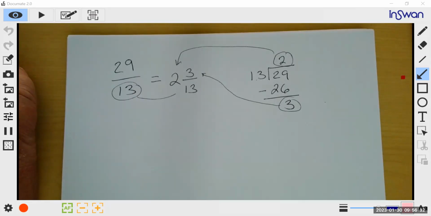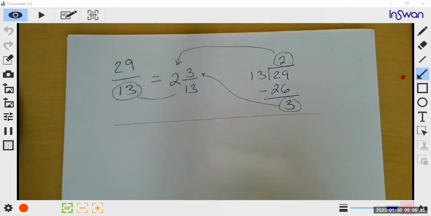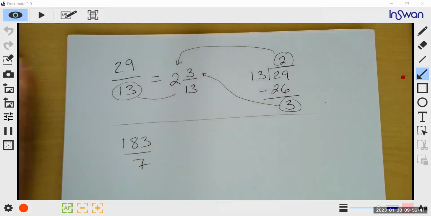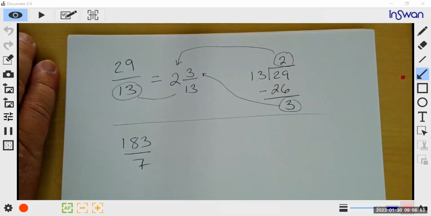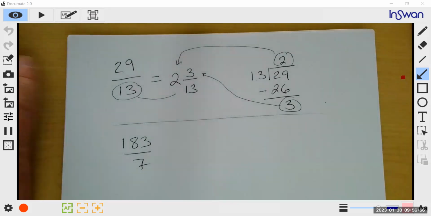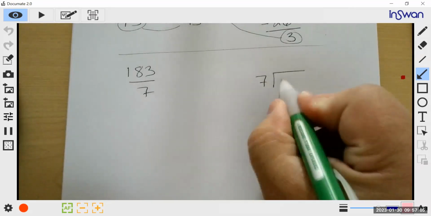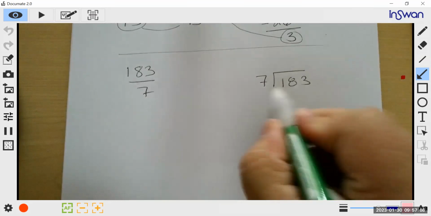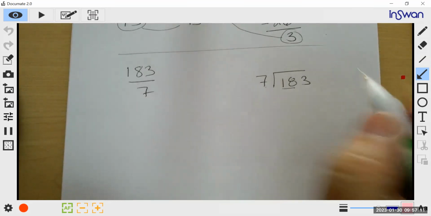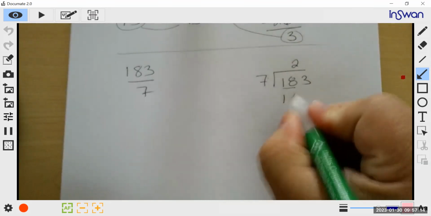Question number 53. 183 divided by 7. So 7 goes into 18 how many times? 2 times 7 is 14.